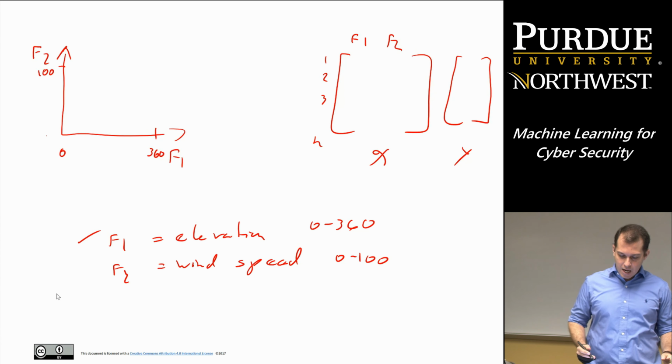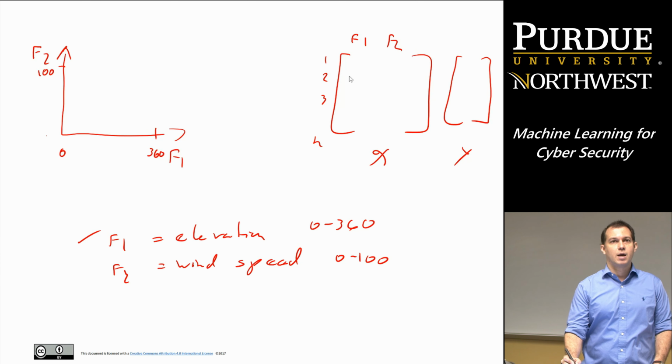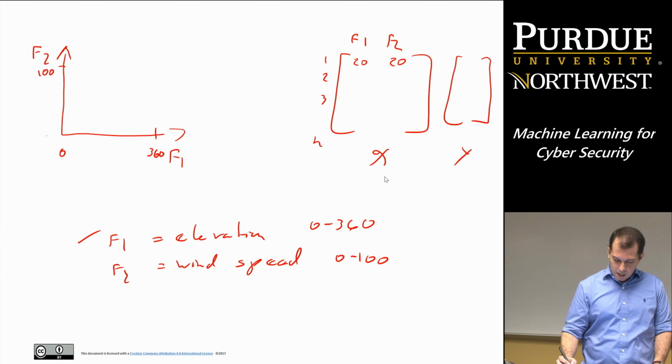So for instance, I have one sample here, right? And one sample is, let's say, 20 and 20. These may be wrong, but I'm just making this up. Then the next sample might be 180 and 178, and a third one might be 270 and 280.